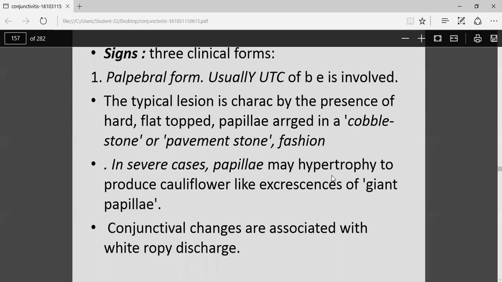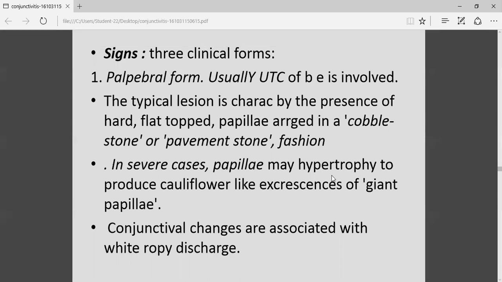Vernal keratoconjunctivitis can be divided into basically three forms. Number one is the palpebral form, number two is the limbal form, and number three is the mixed form. In the palpebral form, it's the upper palpebral conjunctiva which is very much involved.